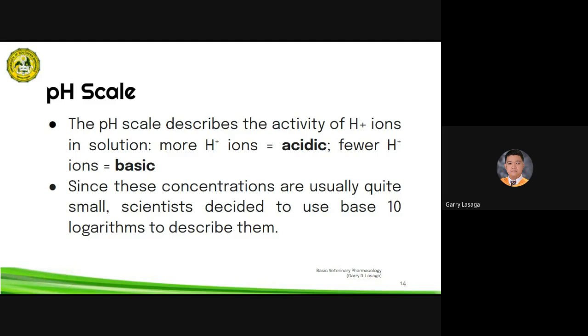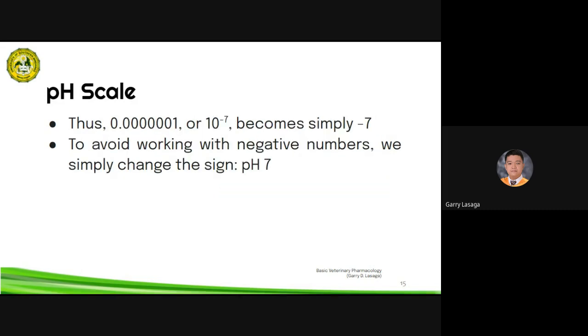So this is what we said earlier, that the concentration of hydrogen ions is very small in a solution. So scientists have devised a method to still describe it, and this is through the use of the base 10 logarithm.